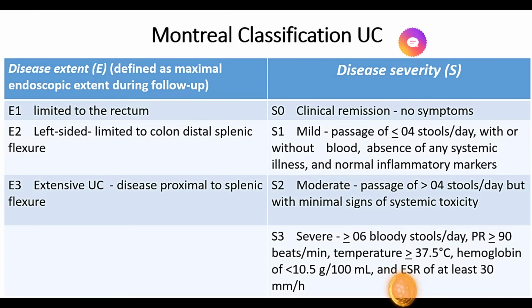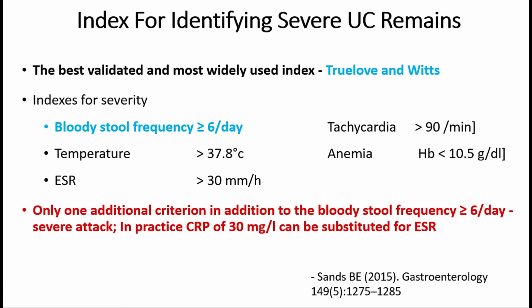The criteria for severity are bloody stool frequency of 6 or more, temperature more than 37.8, ESR more than 30, tachycardia more than 90, and anemia where hemoglobin is less than 10.5. Only one additional criterion in addition to bloody stool frequency of 6 or more per day is needed to label a severe attack, and in practice CRP of 30 milligrams per liter can be substituted for ESR.